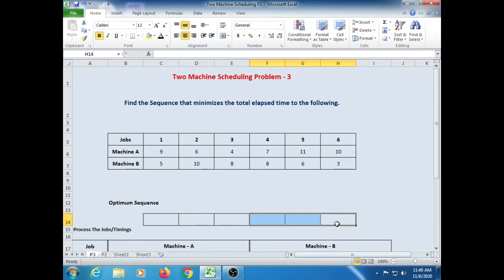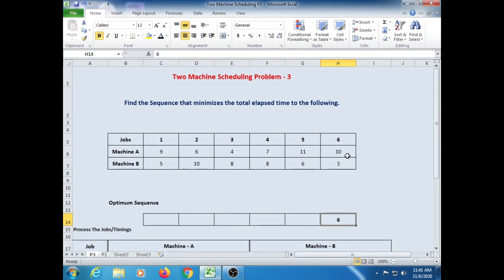So here from right to left side we have to place the job. Why do we place the job from right to left? Because this processing time is related to machine B. That's why I placed it here.